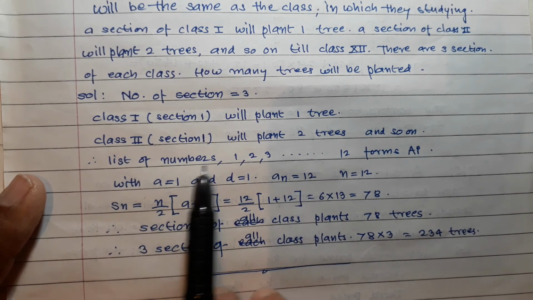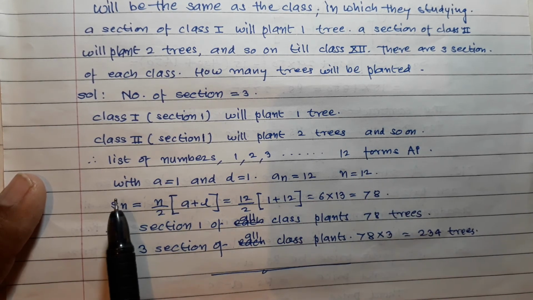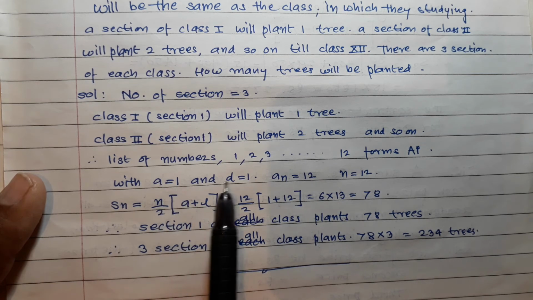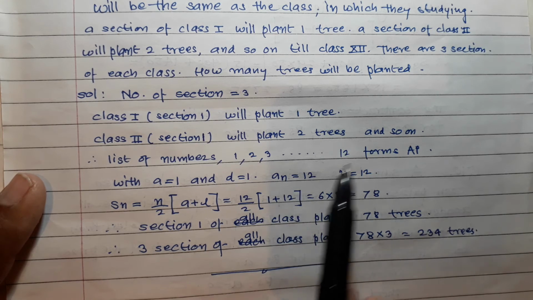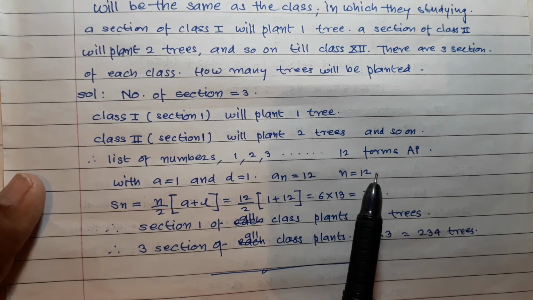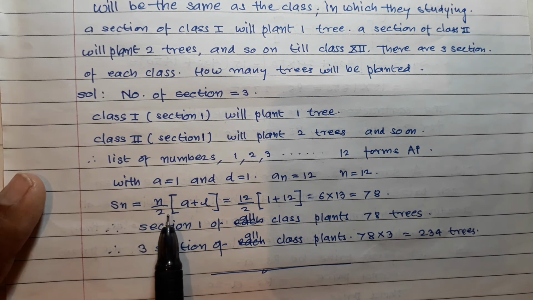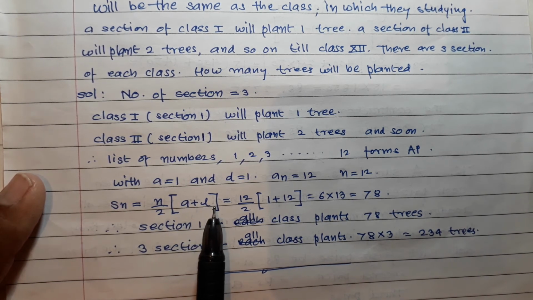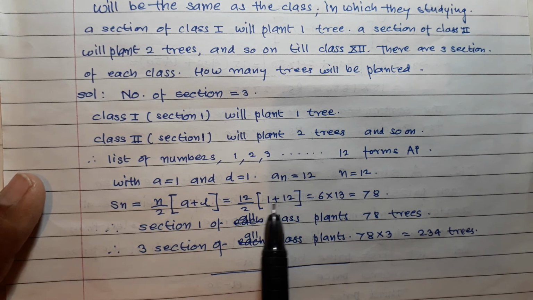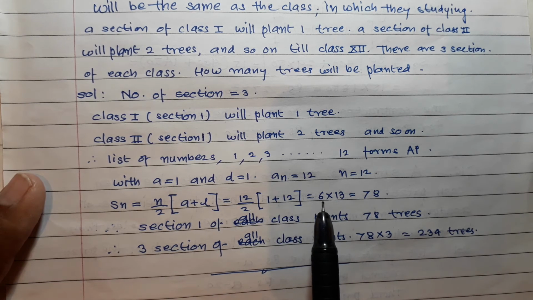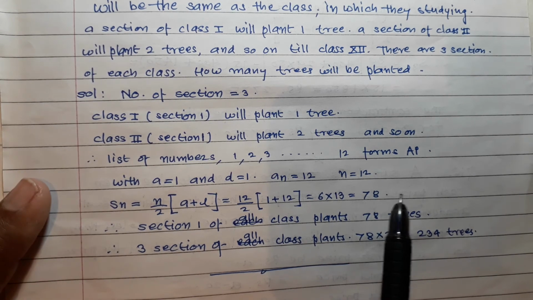So the list of numbers 1, 2, 3 up to 12 forms an AP with a equal to 1 and d equal to 1, and an is equal to 12, n is equal to 12 given, and therefore Sn is equal to n upon 2 into (a plus l), which is 12 upon 2 into (1 plus 12), which is 6 into 13, which gives you 78.